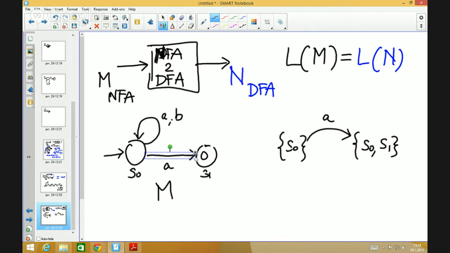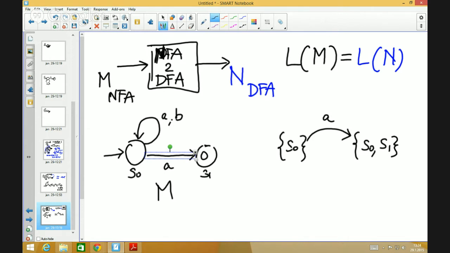Okay, so how do we read this? I initially am in the start state. If I read an A in the start state, I go to either S0 or S1. And I remember my possibilities by considering the set of all these possibilities. If instead I am in the initial state S0 and I read the B, where can I go next?